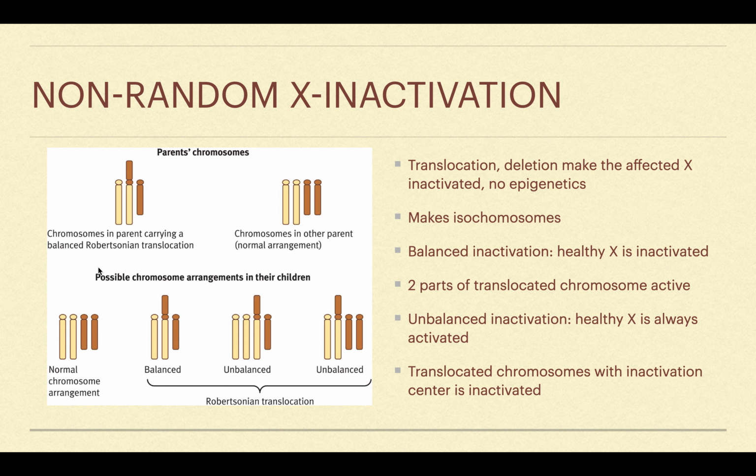So for example, the balanced would be like, let's say this has 100 genes, right? And this one has 100, and maybe this one has 80 genes, right? And the 20 is going to be translocated onto a different chromosome.